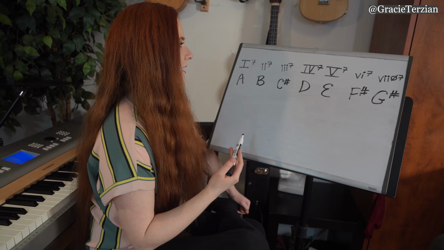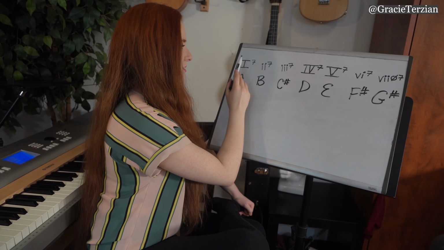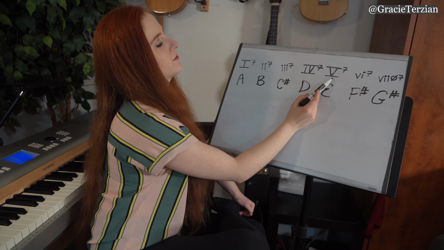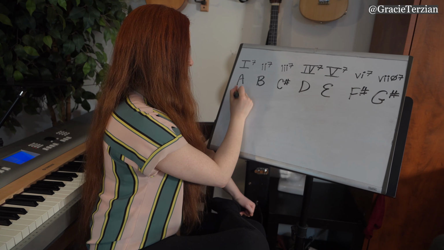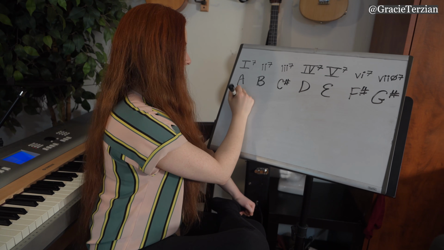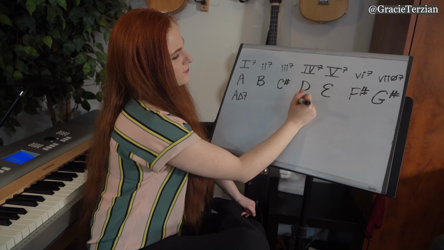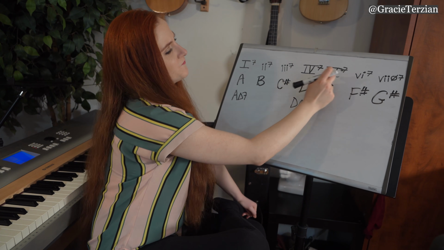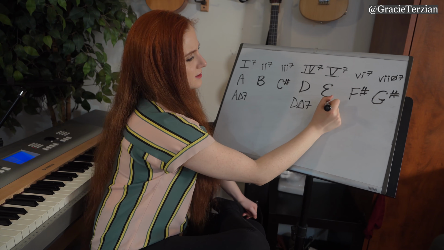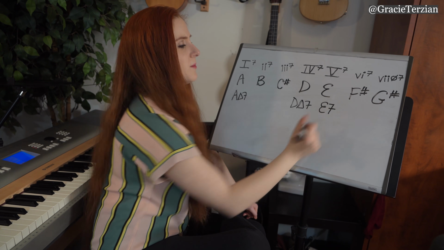I can see that these three major chords, which are the first chord, the fourth chord, and the fifth chord, two of them turn into major 7th chords. Like here, A, this becomes, I'm giving you the answers away. So this becomes an A major 7th. And then the fourth chord becomes a D major 7th. But then the fifth chord does not become an E major 7, it just becomes an E dominant 7.